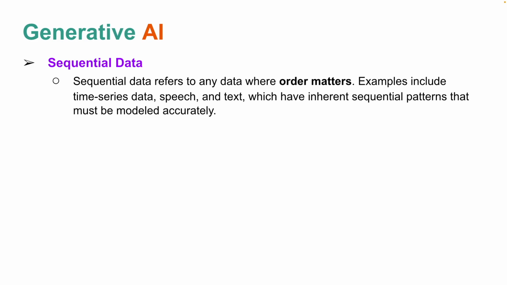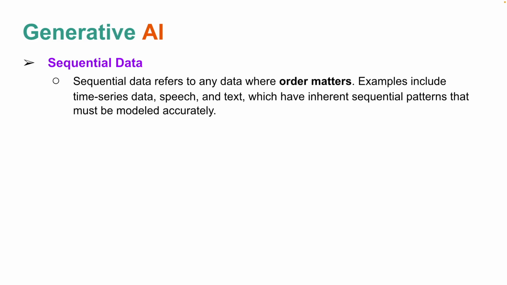You are writing the application log every second. Speech is sequential data. Text is sequential data. So any data which inherits a sequential pattern is sequential data and must be modeled accurately.